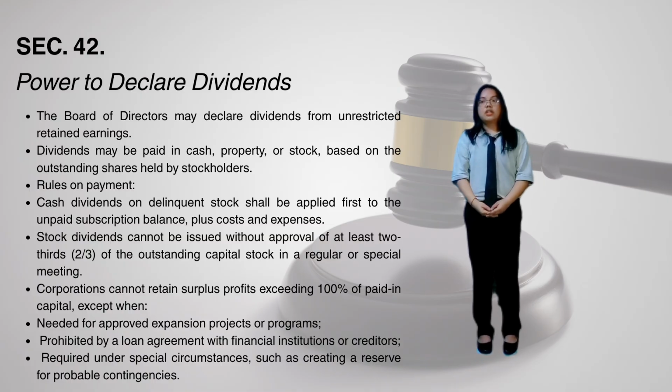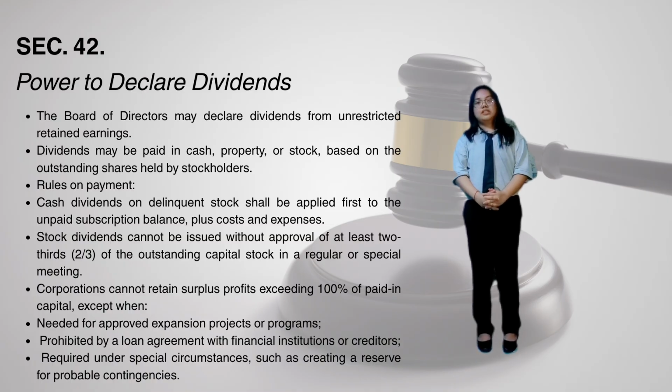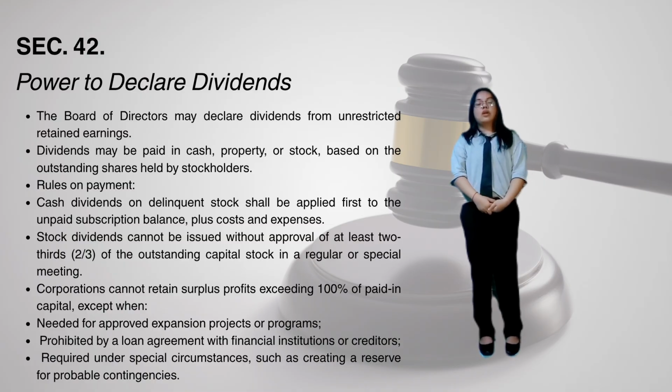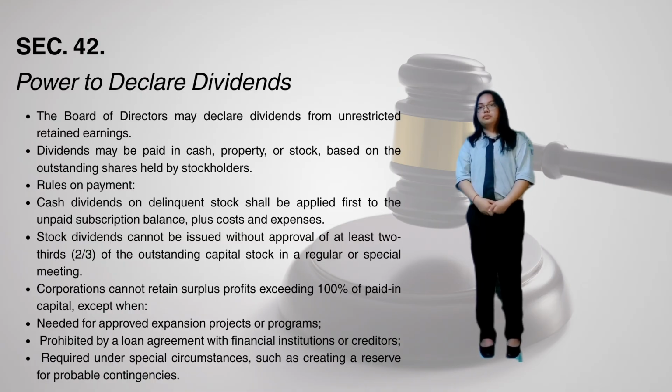For cash dividends, if a stockholder still has unpaid subscriptions, the cash dividends must first go to pay off that balance, including any cost. For stock dividends, at least two-thirds of the stockholders must approve it in a meeting.